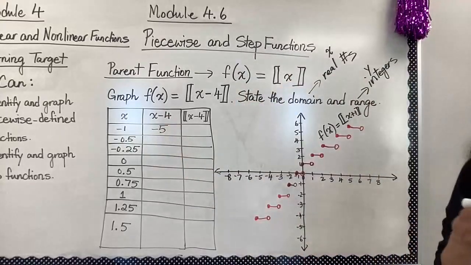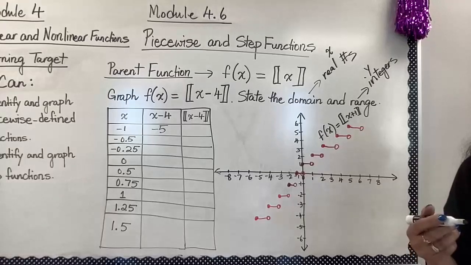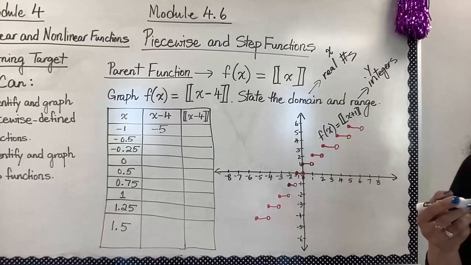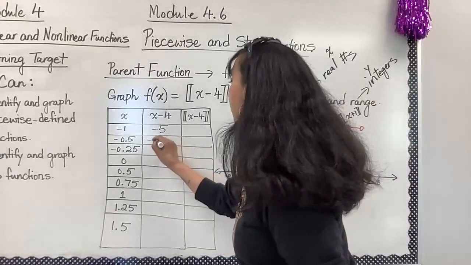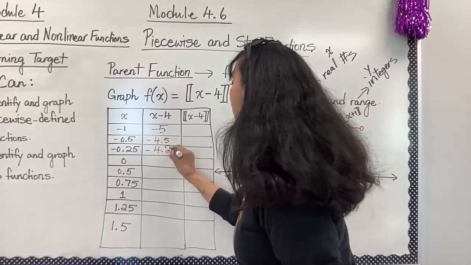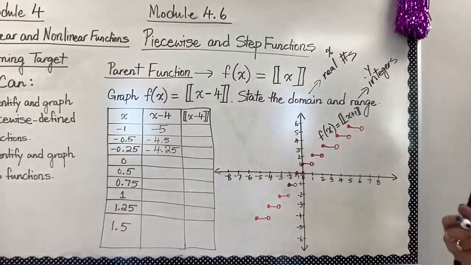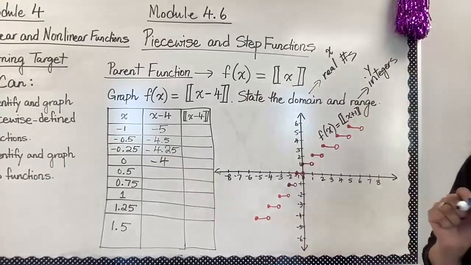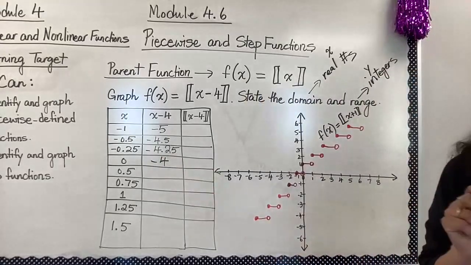Then negative 5/10 minus 4 gives negative 4 and 5/10, then negative 4 and 25/100. You're just subtracting 4. So 0 minus 4 is negative 4, and then I have 5/10.